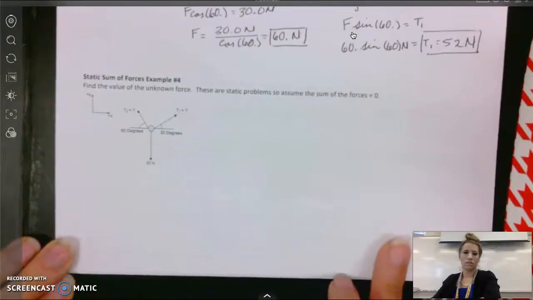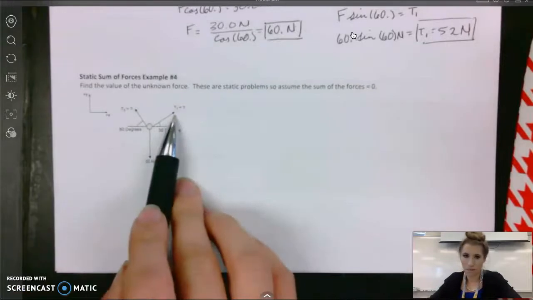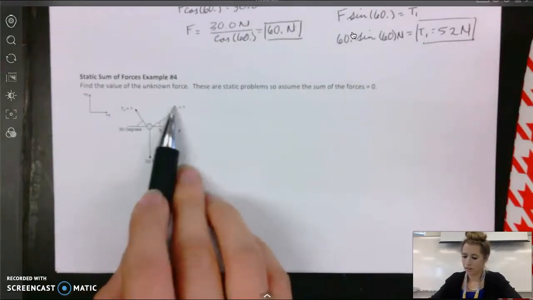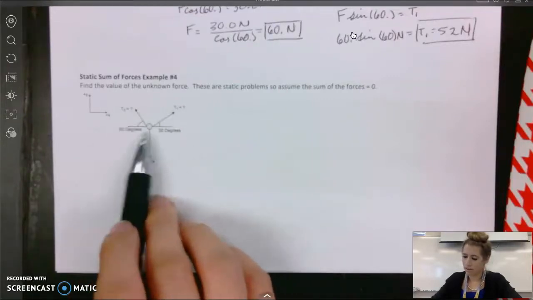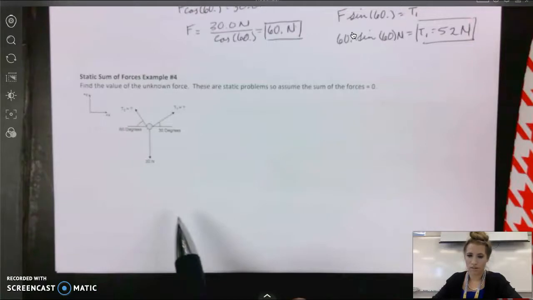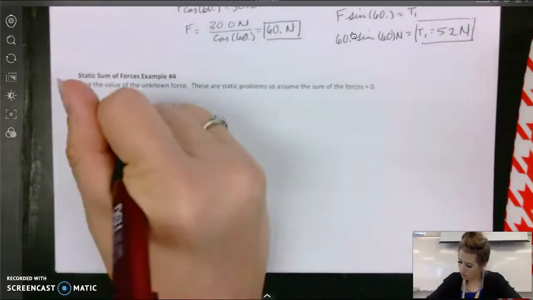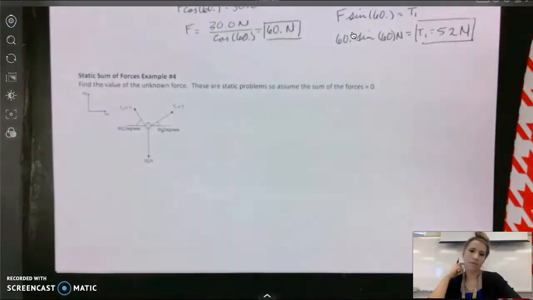Okay, so find the value of the unknown forces. We have a T1 and a T2. And that's where we don't know how much T1 is and we don't know how much T2 is. We have 30 degrees and 60 degrees. And then we're being pulled down 30 newtons. Let's put decimals so we have 2 sig figs for each of those, okay?